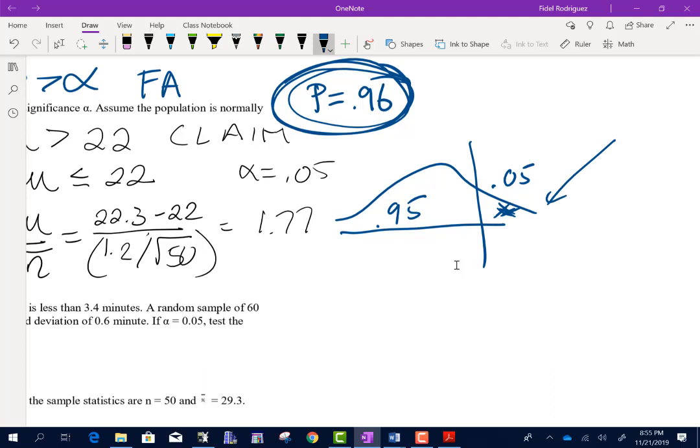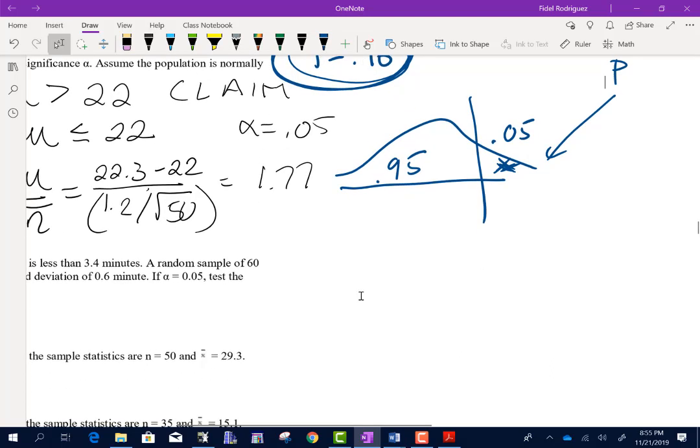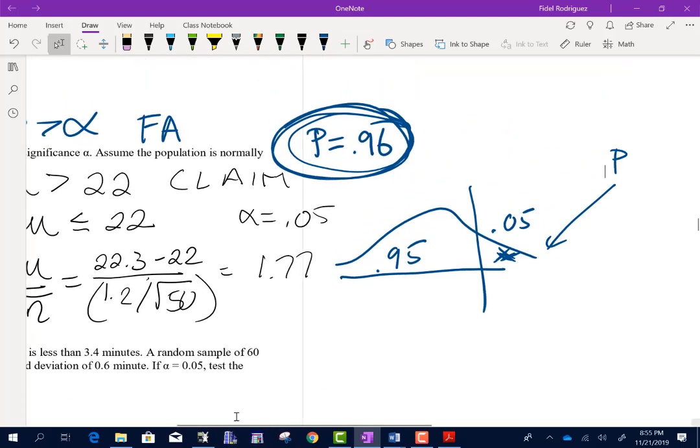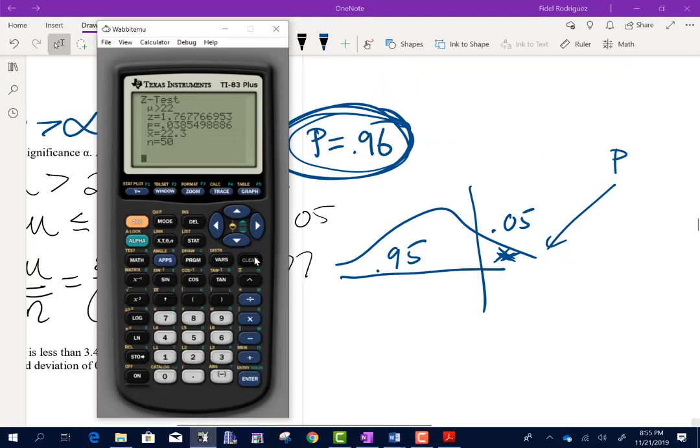My p in this case is going to be the area to the right. I'm sorry about that, guys. Another little brain fart here. But look, if I were to go 1 minus 0.96, what's 1 minus 0.96? 0.04. When we did our stat and our Z-test, and I hit calculate, isn't this number here, if I round it to 2 decimal places, 0.04?